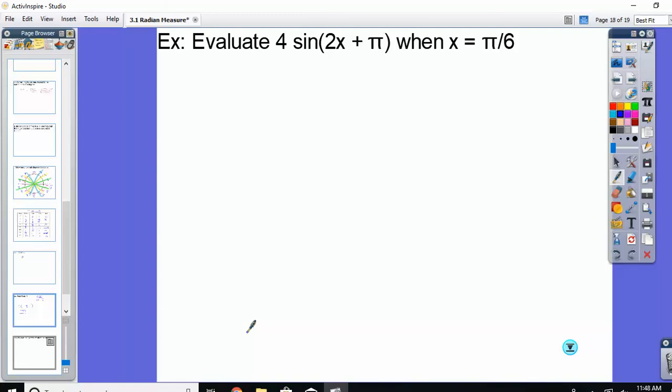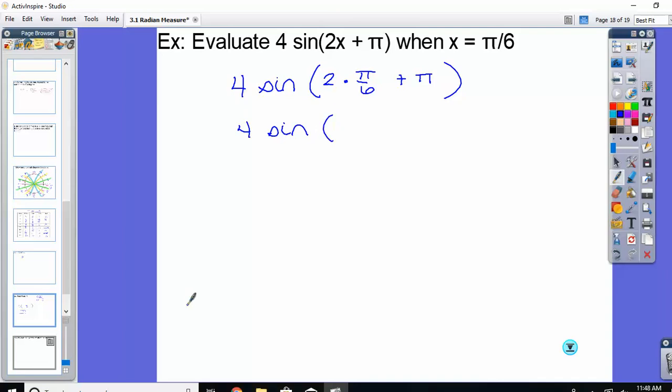What do I need to do first on this one? Again, the pi over 6. Okay. I have to caution you, if you do try to use your calculator, don't put the pi in.